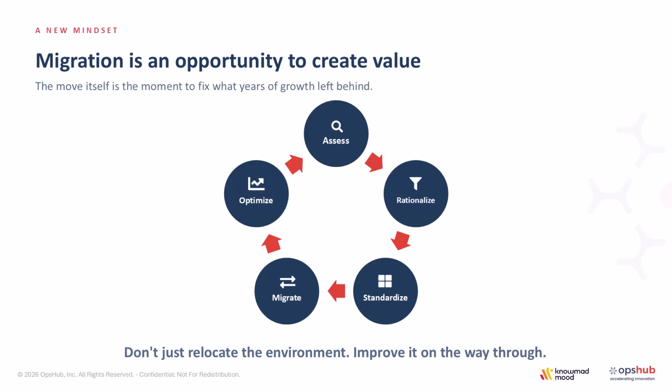So the typical approach we recommend is do the assessment, rationalize what you want to do, right? Think about what to abandon, what to archive for compliance and other reasons, and what to modernize. And the things you want to modernize, you also want to standardize so you can actually leverage knowledge across different teams and projects.